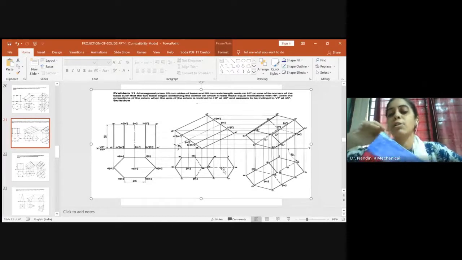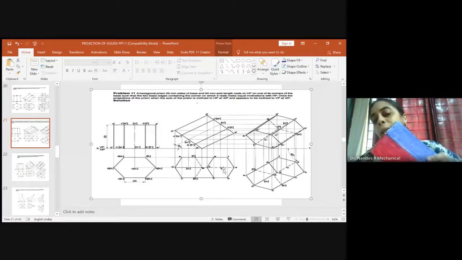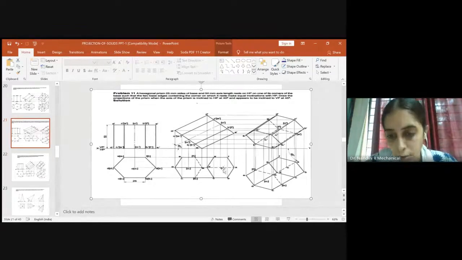You can notice this topper one is visible, so we made it continuous, and this lower corner edge from A to A1 is hidden. It will not be visible because it is coming through the inside of the top surface, and hence you will show this as hidden. The projections coming through the hidden line will also be hidden. You have two more projections here, A1 to B1 and A1 to F1, so these are also hidden.